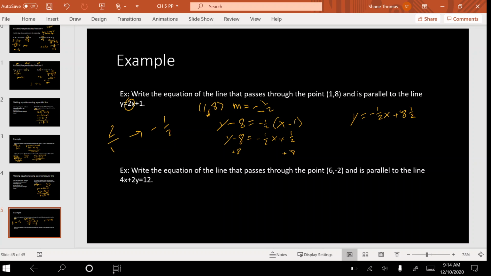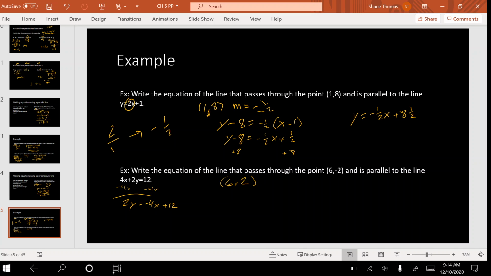All right, who's walking me through the second one? So I have my point, right? (6, -2). Okay, so my slope, what do I have to do with this guy? You have to subtract the 4x over from the 12. Okay, so I have 2y equals -4x plus 12.